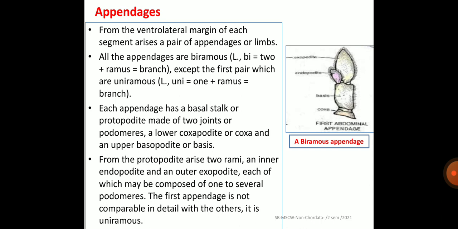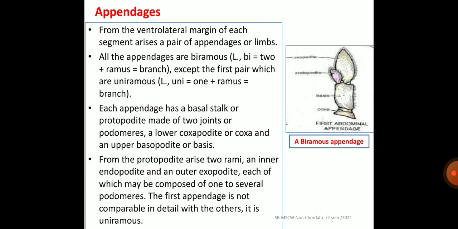So you can see the particular slide of the biramous appendage. Fine. So each segment, I told you, bears a pair of jointed appendages and exhibits considerable diversity in size, shape and function, but all are built of a simple biramous type.